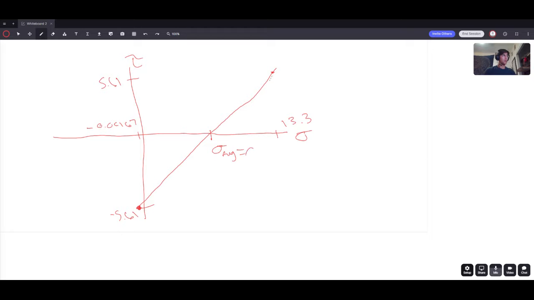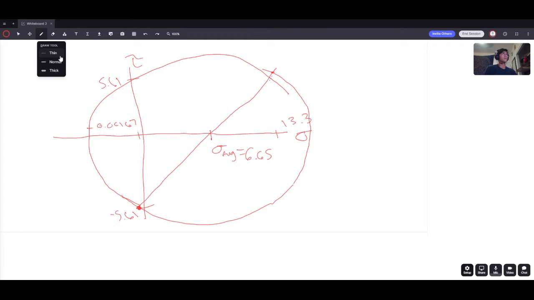So sigma average equals 6.65 KSI. So now that we have found the center of our Mohr circle, we can just go ahead and draw the circle, hopefully somewhat neatly. It's really hard to do on a virtual pen pad, but all right, close enough.